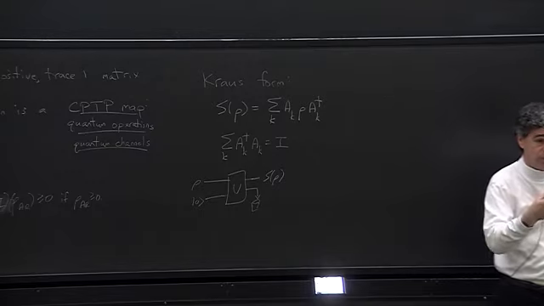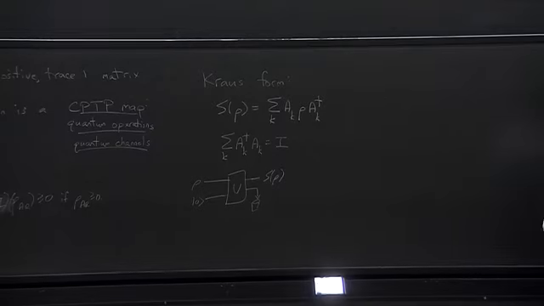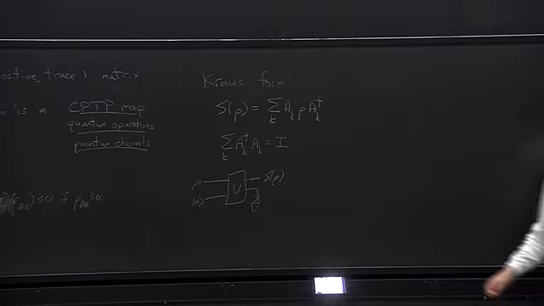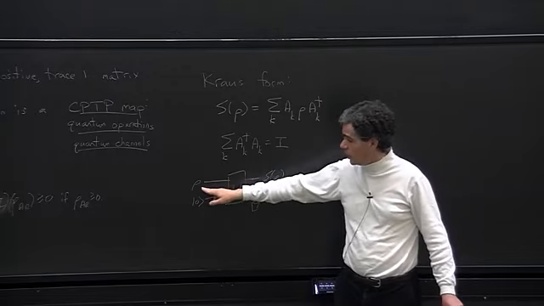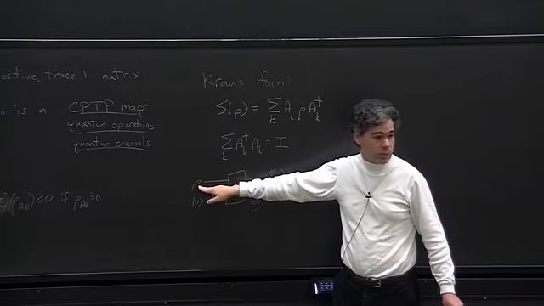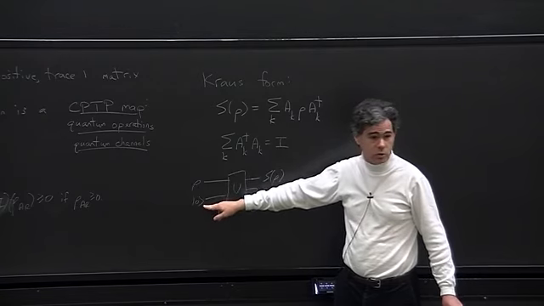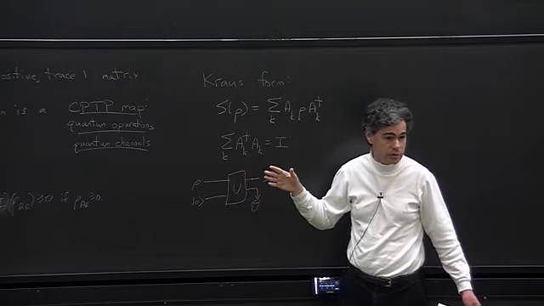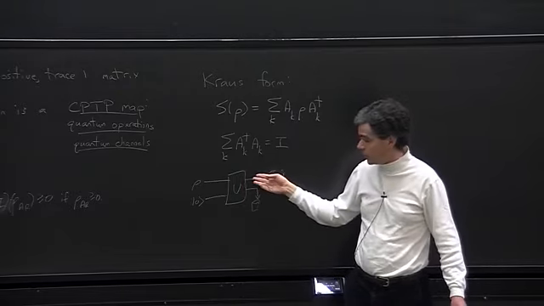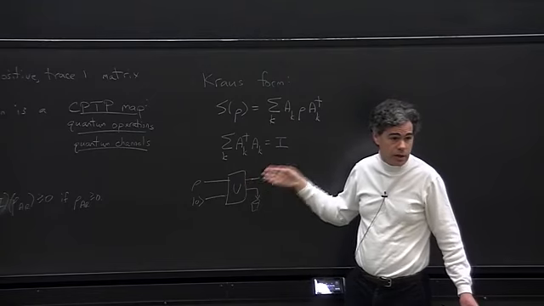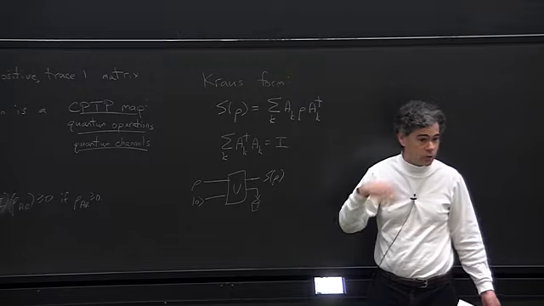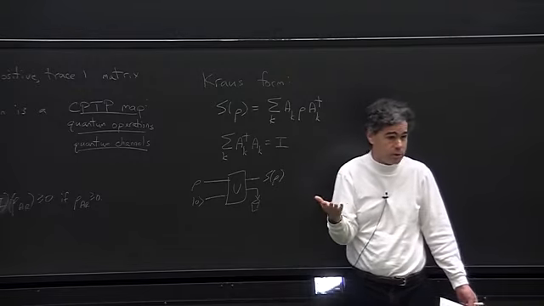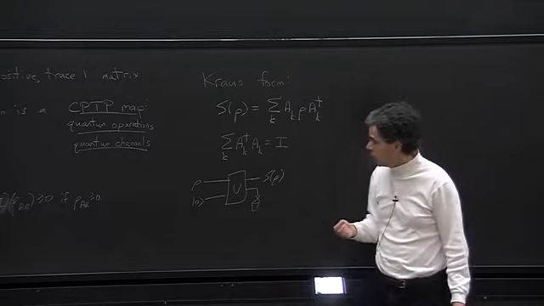And that's a CP-TP map that you can imagine as creating a state. In this picture, it's easy to understand how that works. You don't have any input up here, but up here you have the 0 states, and you turn that into whatever big state you want. You trace over part of it to get a density matrix. It could be a mixed state, and that's the output. It's always the same state because there's only one input, the trivial one.